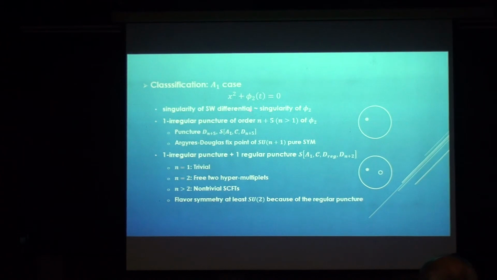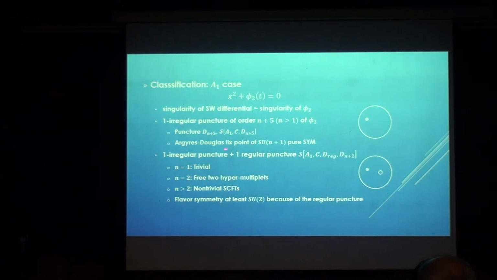The singularity of the Seiberg-Witten differential always translates to the singularity of phi 2. One class is a sphere with only one irregular puncture, where the maximal singular term is n plus 5 of phi 2.